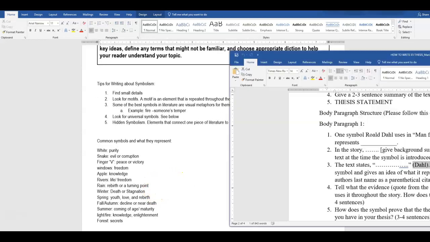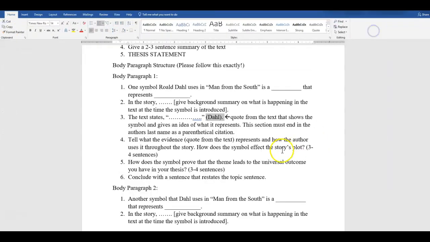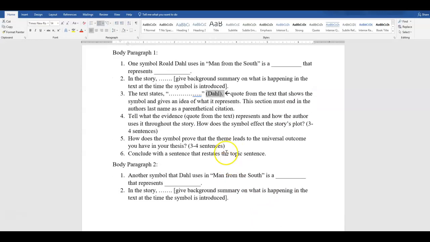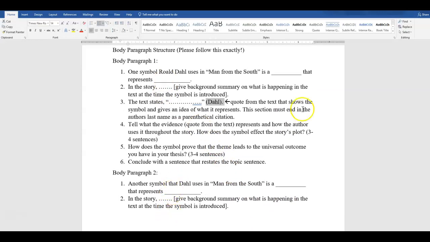So the biggest point of this essay that you will want to recognize is that not only do you have to name the symbol, but you have to tell what the symbol stands for or represents in each of your paragraphs. So no matter if this symbol is the same for each of the paragraphs, it will need to represent something different.